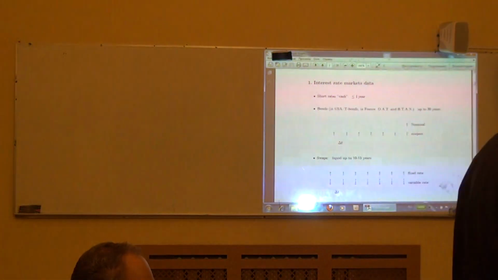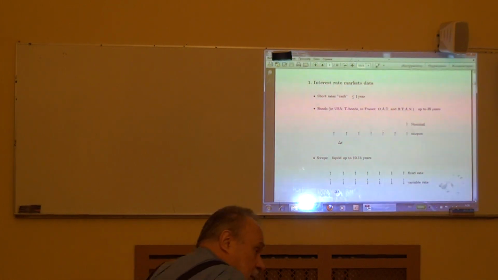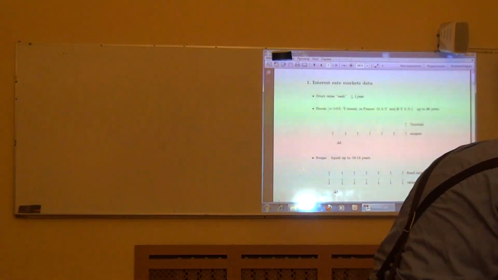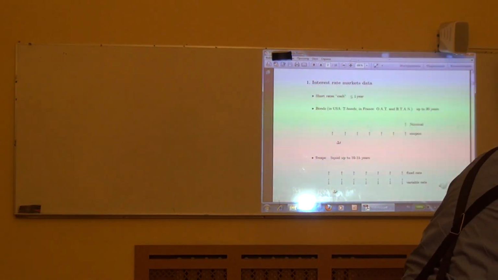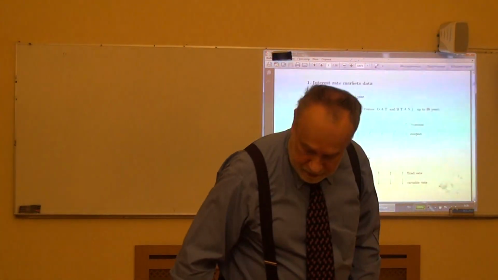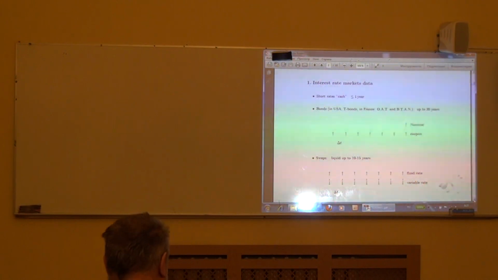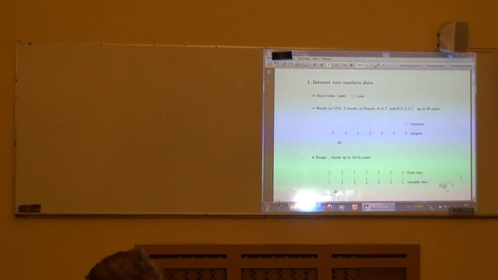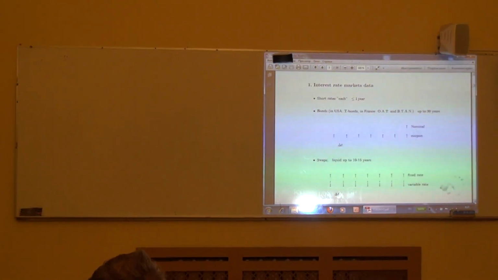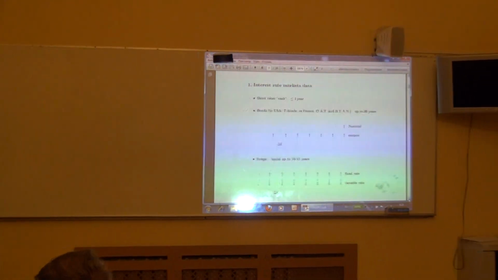So the market basically is the usual framework of arbitrage theory. Arbitrage theory is a dual theory. On the one hand, you have the instruments which have prices, and you have the dual space where you have portfolios and positions.